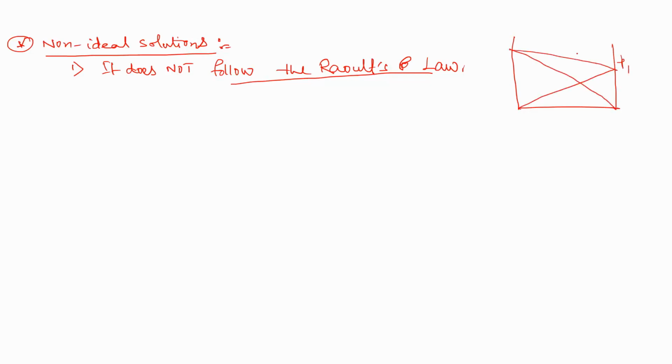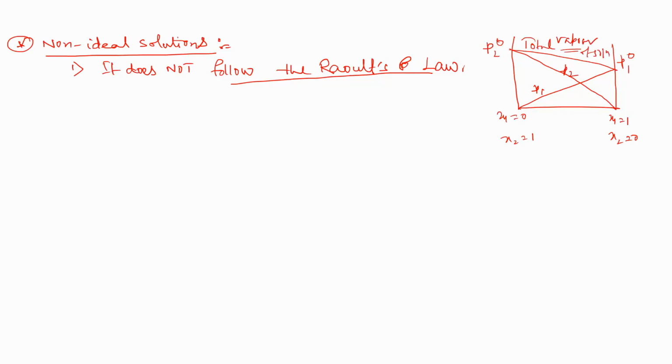That one is P1 0, suppose that one is P2 0, and that one is x1 equal to 0 to x1 equal to 1, and x2 equal to 1 to x2 equal to 0. The axis is the pressure: the partial pressure P2, the partial pressure P1, and this is the total vapor pressure of the solution.